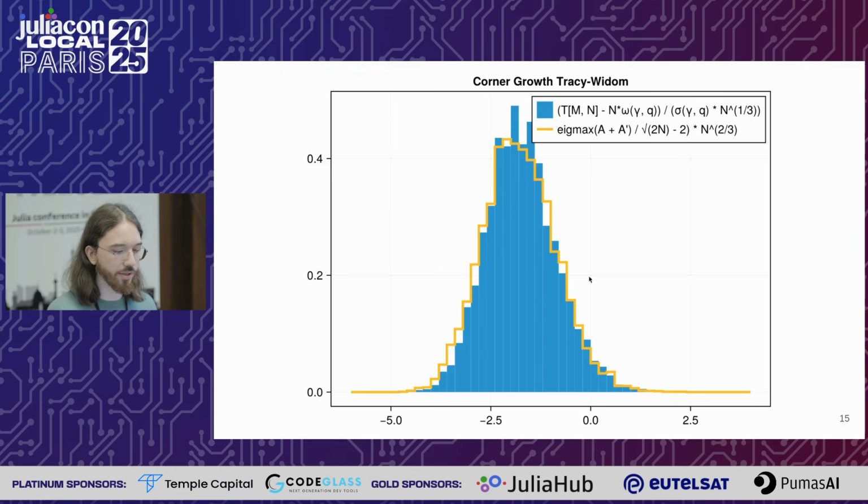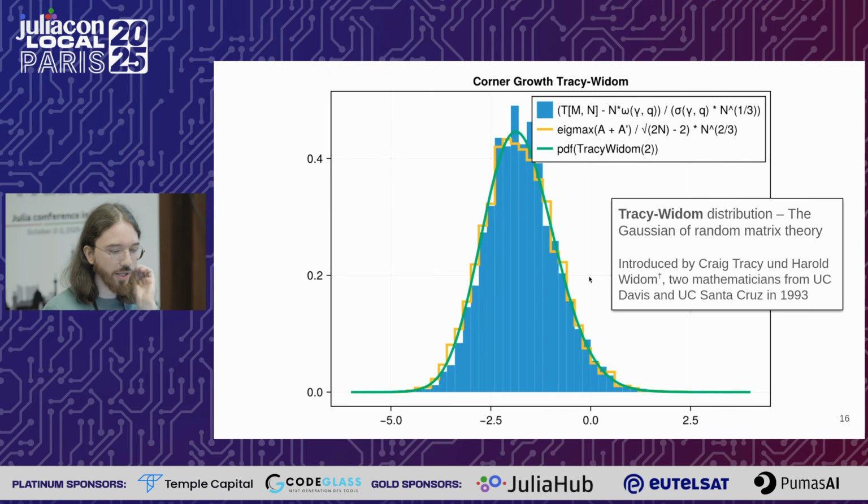And this distribution in particular is named after Craig Tracy and Harold Widom, two mathematicians from the US. And I'm going to say it's basically the Gaussian of random matrix theory. It basically appears everywhere you look, and every process you study eventually you encounter this Tracy-Widom distribution.